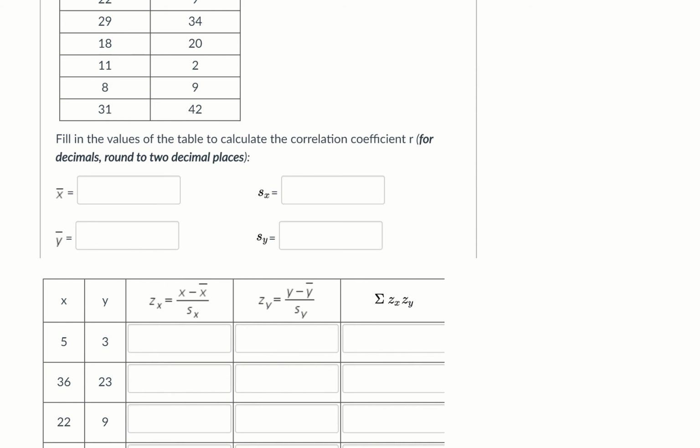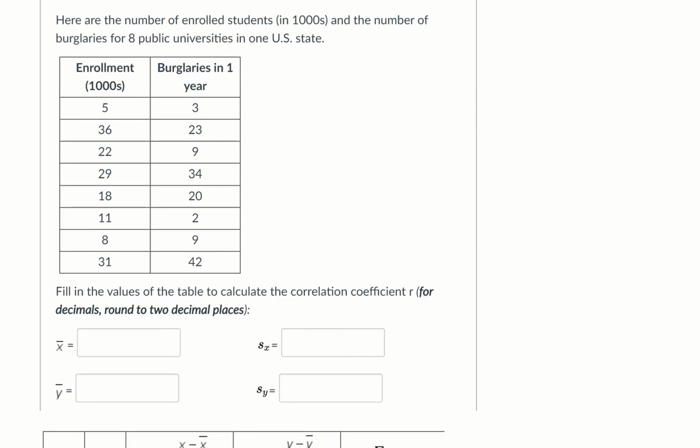So in order to calculate this, well, first off, what's the X and what's the Y? Well, what we're thinking here is that the number of enrollments in the universities is probably going to affect the number of burglaries.